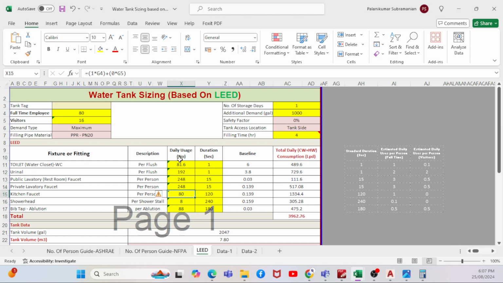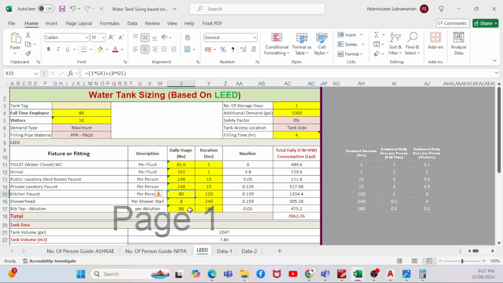Shower head, maybe 80 people. Only my full-time employees will use the shower, not the visitors, right? So only full-time employees. So this value will be based on the different types of application. Say for example, if it is office areas, maybe you can do the calculation based on that. Full-time employees are considered in workshops or maybe some industrial applications, who is using the shower, right?